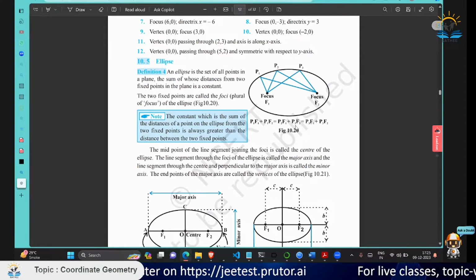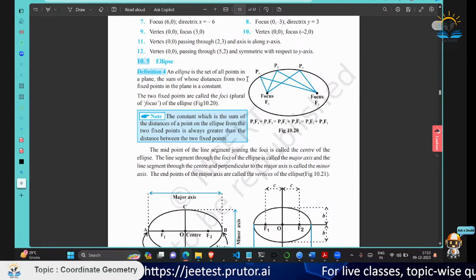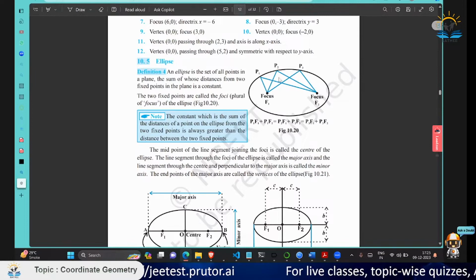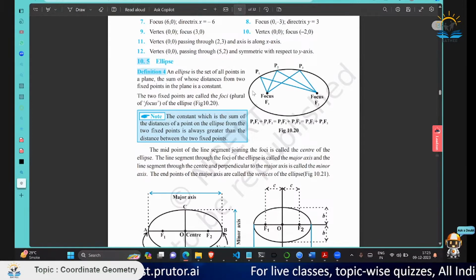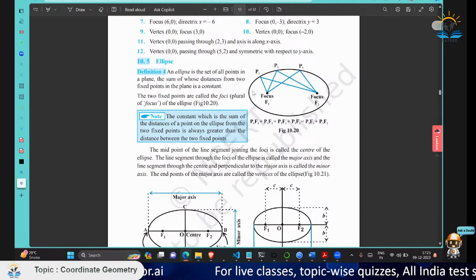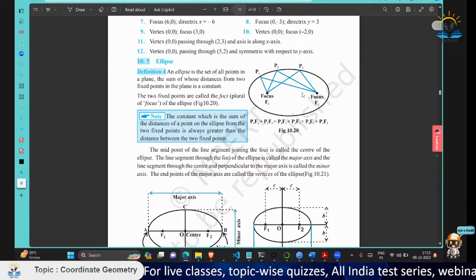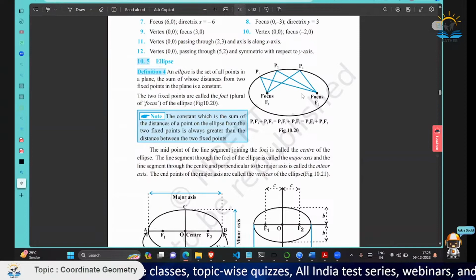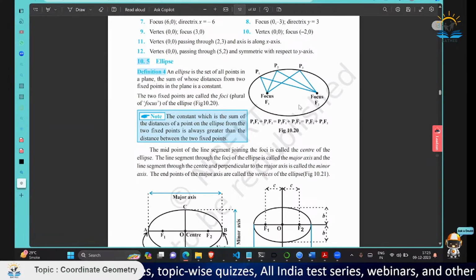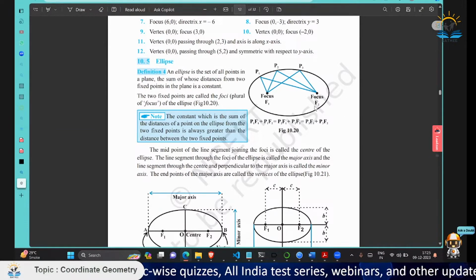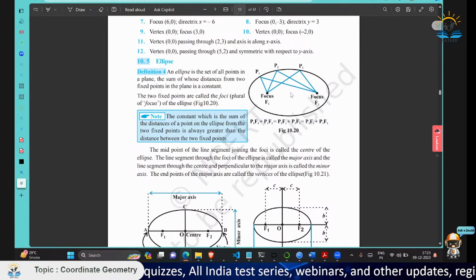So all the points that lie on the ellipse, sorry, my bad, the sum of the distances from both the foci is a constant.